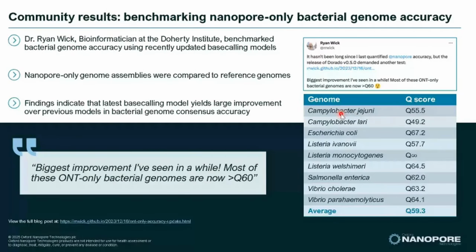After that, we sequenced using nanopore sequencing technology, assembled the genome, and compared this data back to the reference genome of those reference strains. We have a very high accuracy score in the comparison. For Campylobacter, it's nearly Q50 in terms of accuracy. Therefore, the data generated by Oxford Nanopore is very accurate and reliable.